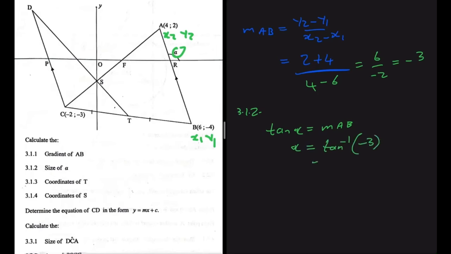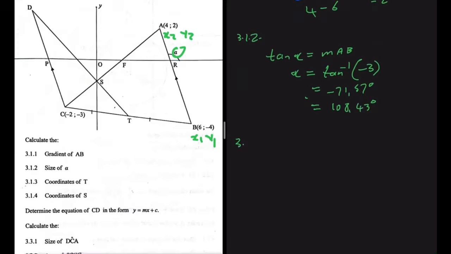In your calculator you should get minus 71.557 degrees. If we get a negative angle, we always add 180. Then that angle should be 108.43 degrees.